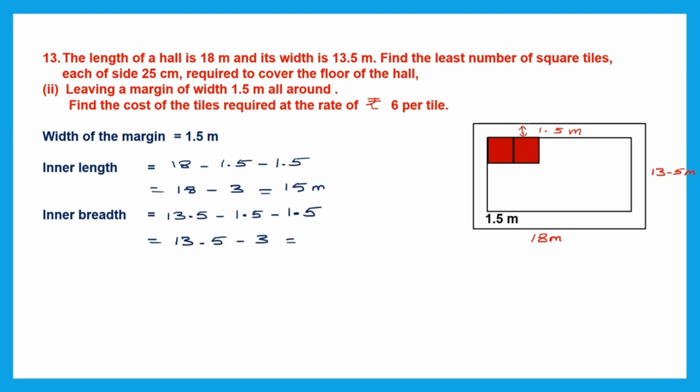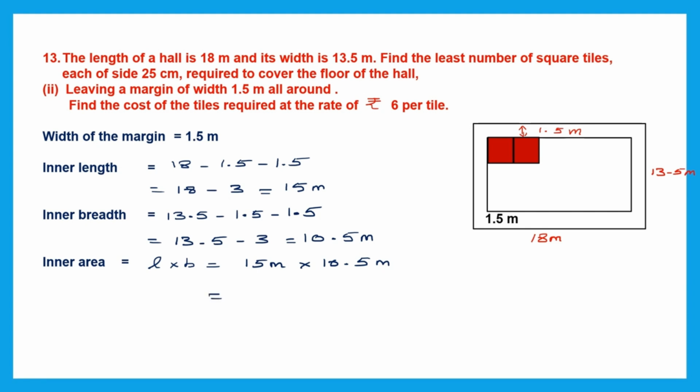So that becomes 10.5. So this is 10.5 meters. Now we have the inner length and the inner breadth. We can find the inner area. So the inner area will be length into breadth, which is 15 meters into 10.5 meters.